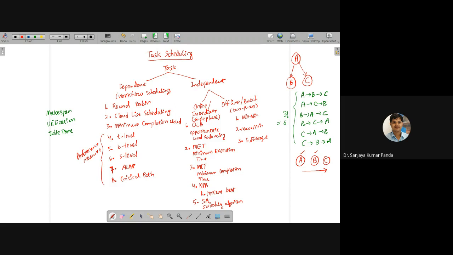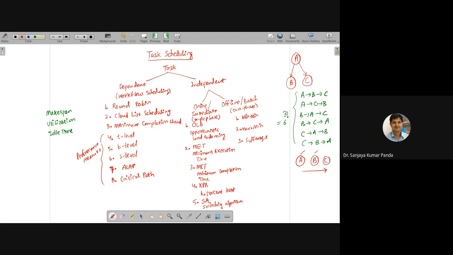Obviously, if it is a two-phase algorithm, you have more knowledge. You assume that all these tasks are known to you, so you can change the order. But in an online algorithm, changing the order is not possible, and the task sequence is predetermined. You have to follow a particular order. So while you are taking a decision about a task, you have to choose an appropriate machine.